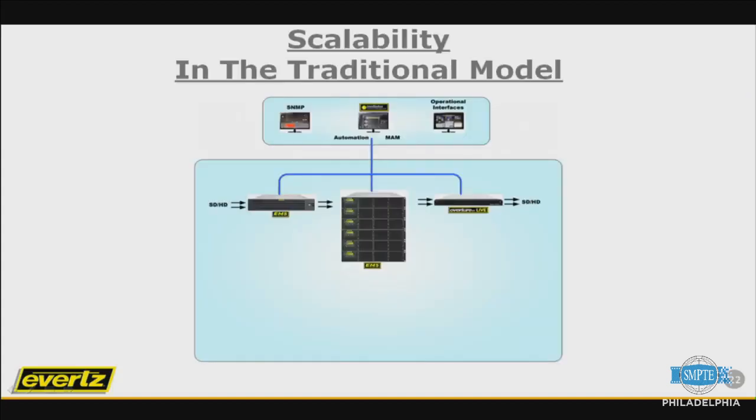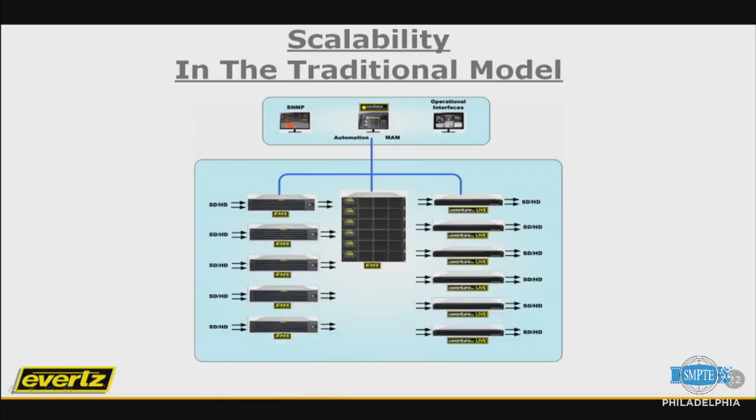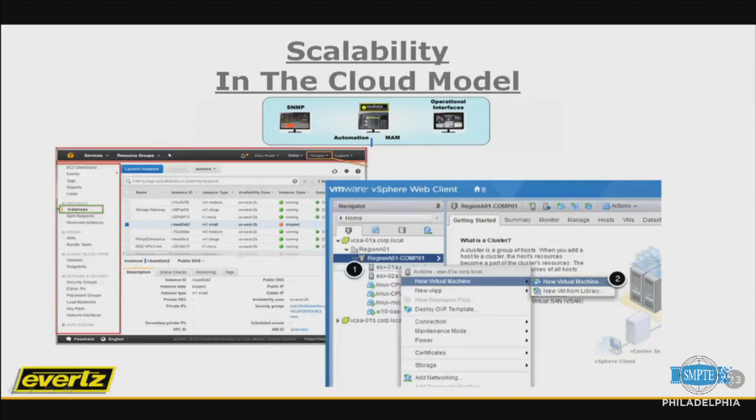In the old scale out model, you used to buy a set of servers and you'd install them and you'd get them working. And then if your boss said, we want to do 2 more channels, you'd have to start buying hardware, working up new diagrams, installing all that new kit, getting it working. In the new model, you open up your virtual machine management platform, whether that's VMware or Amazon Web Services.